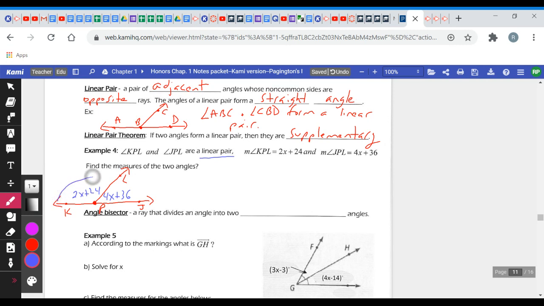So this whole thing from here to here has to be 180. I think it's helpful to put that in your picture, and then it'll help you set up your equation based on that. So I'm going to pause the video again. I recommend setting up your equation, solving for x, and then plugging back in to find the measure of the two angles.